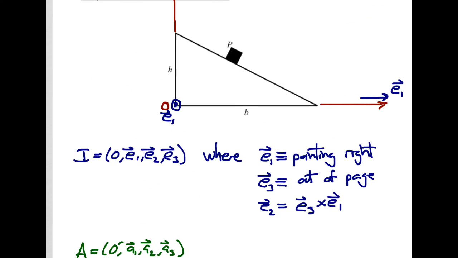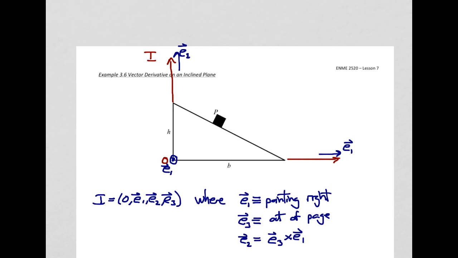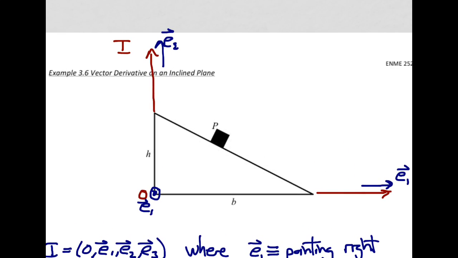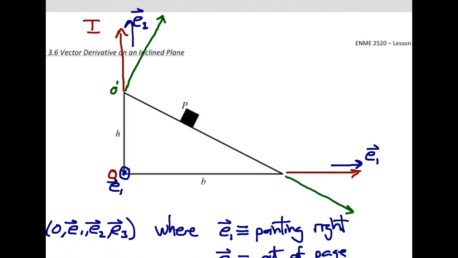We want to define this reference frame at this point O prime, and we want the A reference frame to be conveniently placed so that one of its axes is along the incline.